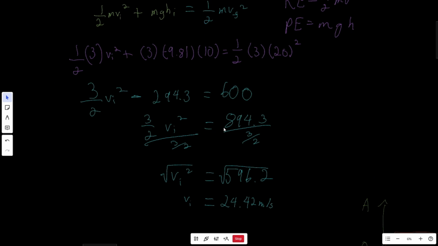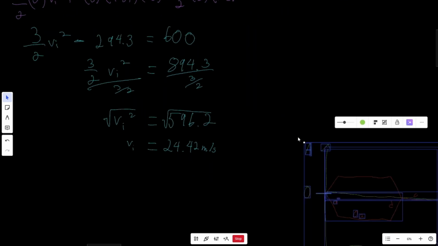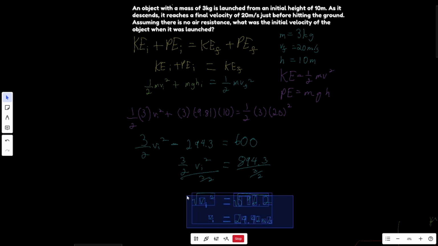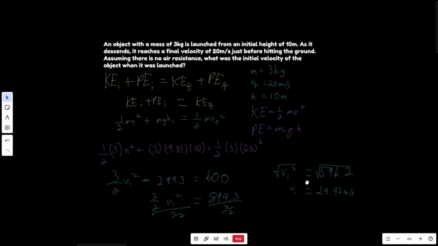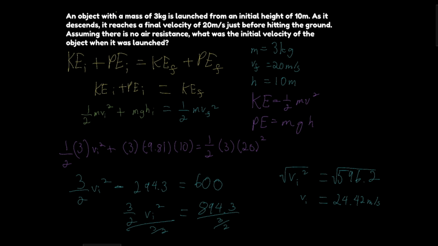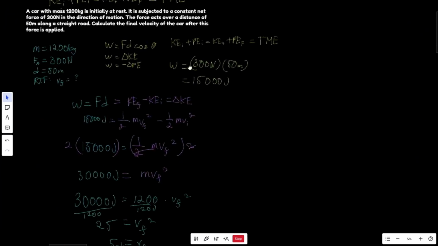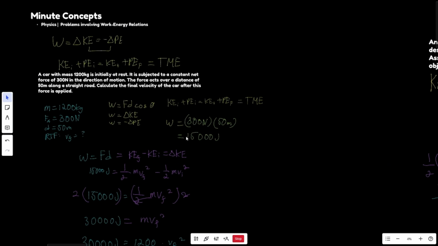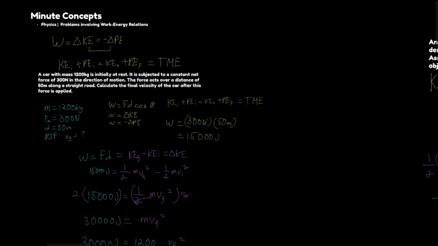So that is how we got, let me get rid of this. That is how we get our initial velocity from the equations of conservation of mechanical energy. So just to recap with all of our stuff here, we can use work and its relations to the different types of energy in order to derive our velocity, or essentially other descriptors of the motion of an object.